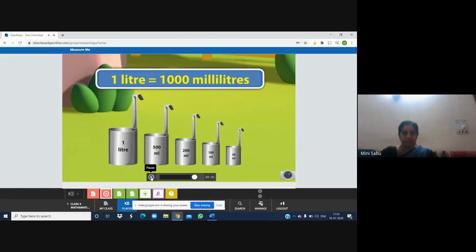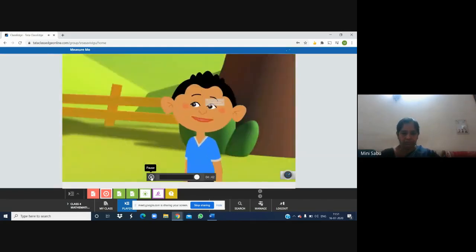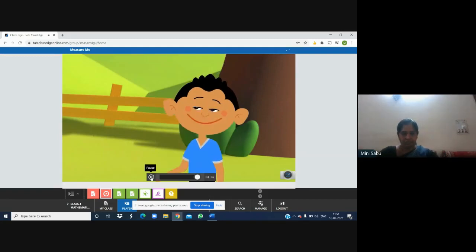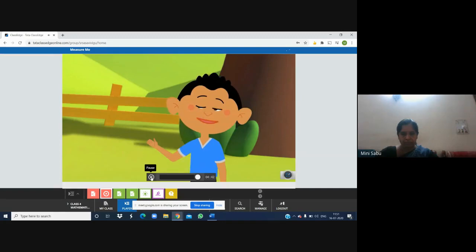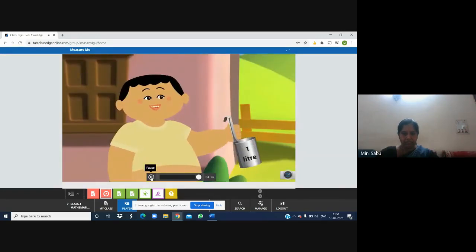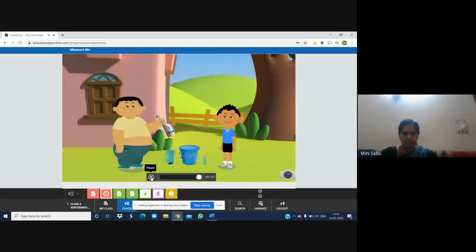Smaller containers are available to help us measure capacity in milliliters. You may have even seen such smaller containers with the milkman. Using these, we can measure out 500, 100 or even 50 milliliters. Oh, you're right, Jiggy. Whenever Mummy wants to buy less milk, the milkman uses a small container to measure out the milk. Now I understand why. Come on, Pasha. Let's get back to watering the plants. Sure, Jiggy. Let's go.